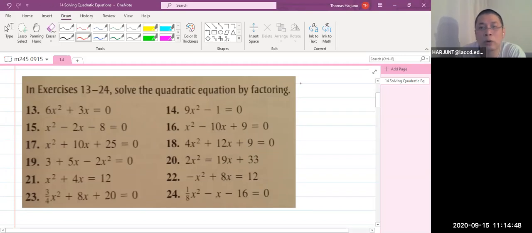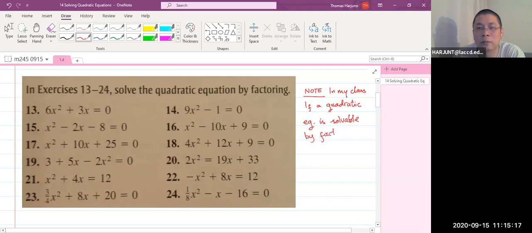I would like to write a note here that if a quadratic equation in my class is solvable by factoring, then you need to do so.